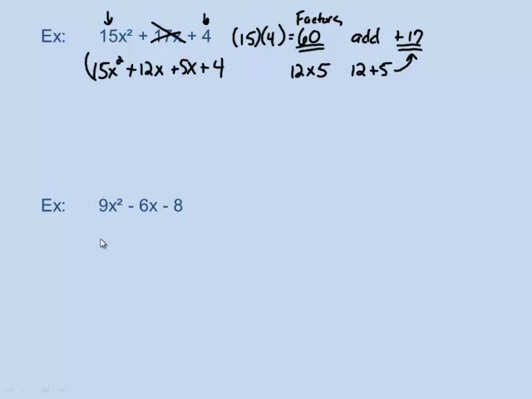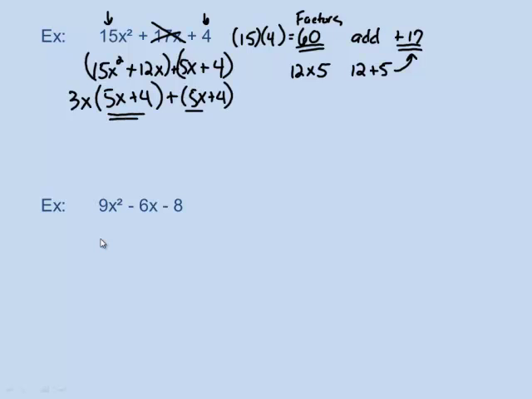Now factor by grouping, so group the first two together and the last two together. Out of that first group, we can take a 3 and an x out, leaving us with 5x plus 4. Out of our second group, there's no common factor, so it's going to remain as 5x plus 4.